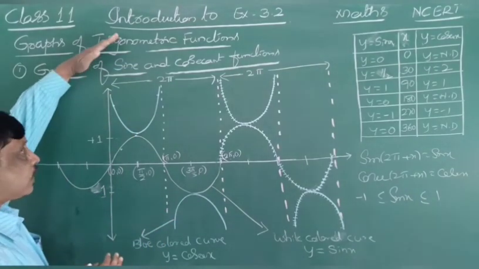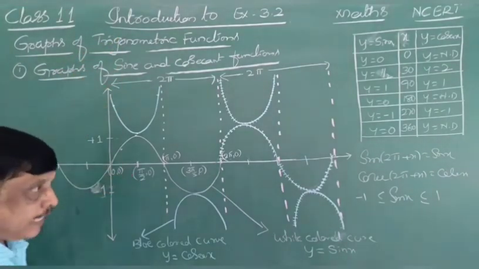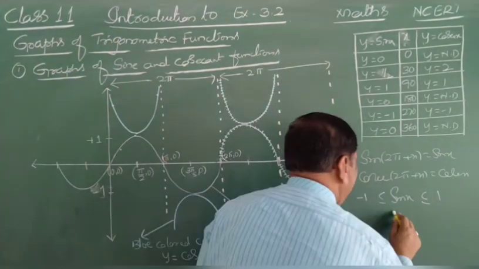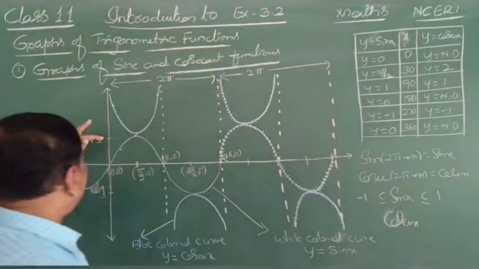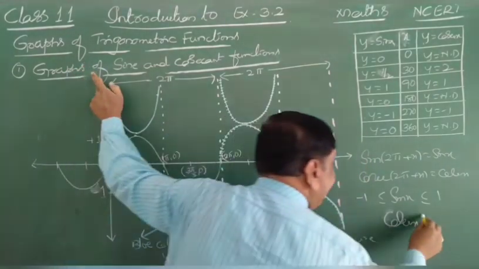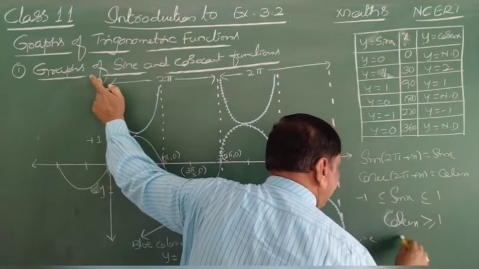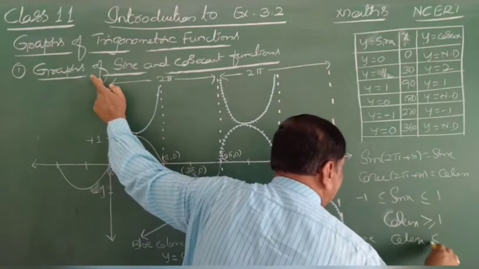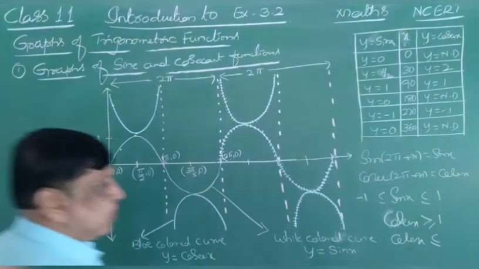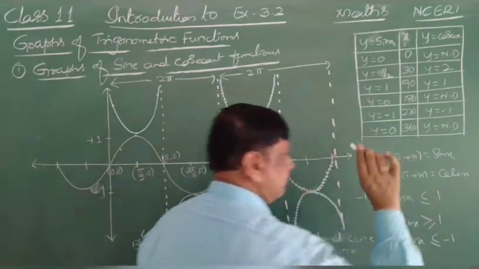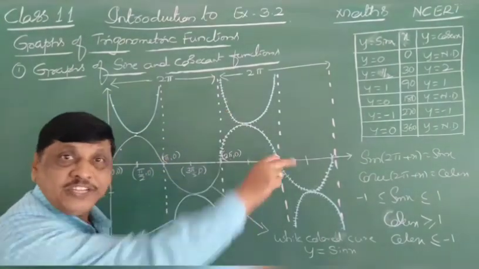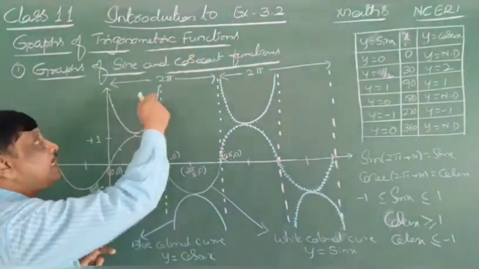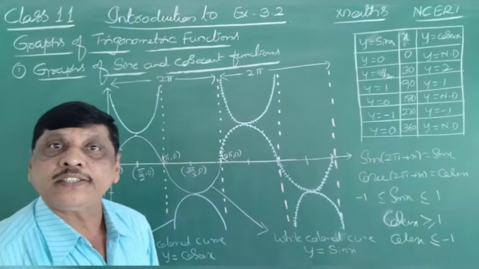It lies outside the interval between plus 1 and minus 1. Therefore, we say that cosecant x is always greater than or equal to 1, or cosecant x is less than or equal to minus 1. Sine curve is a continuous curve, whereas cosecant is a discontinuous curve.